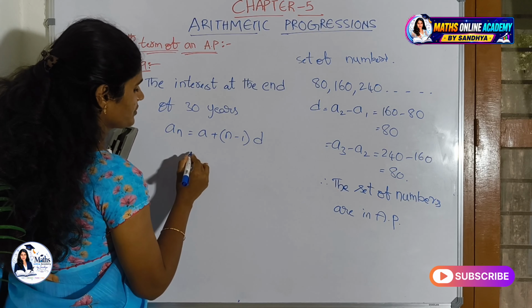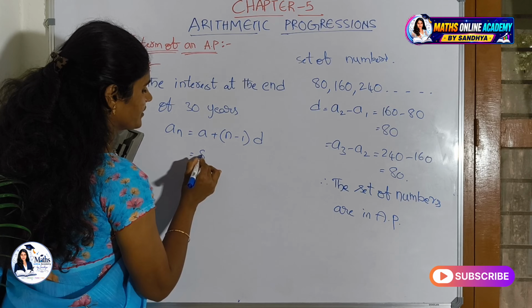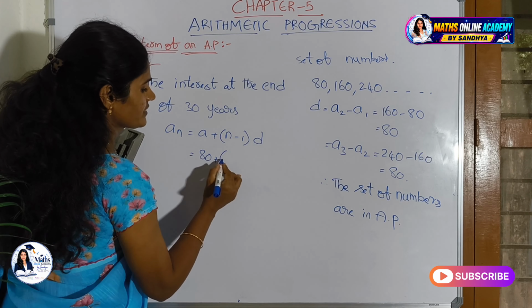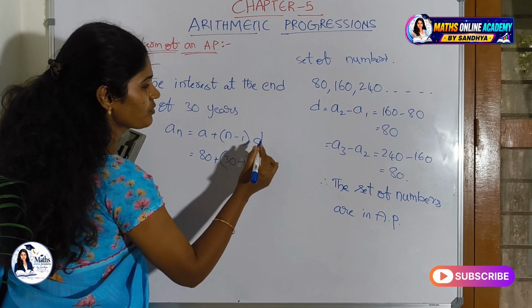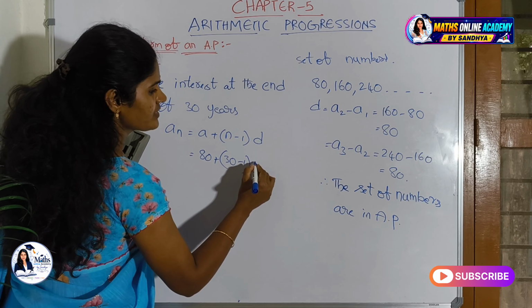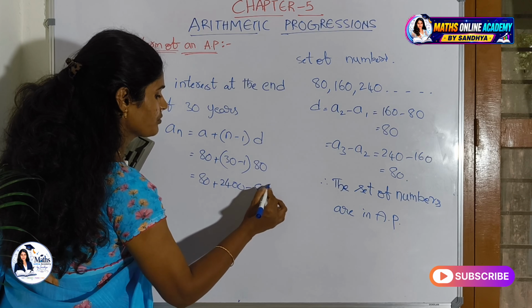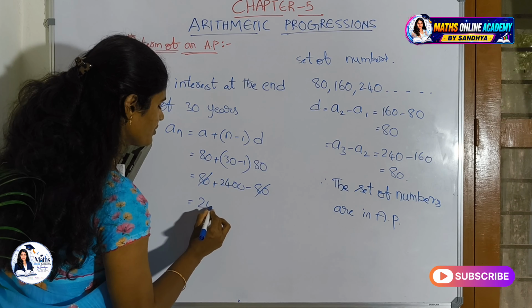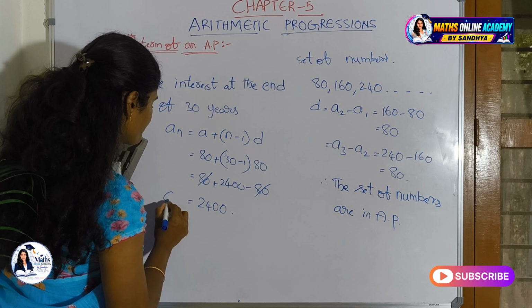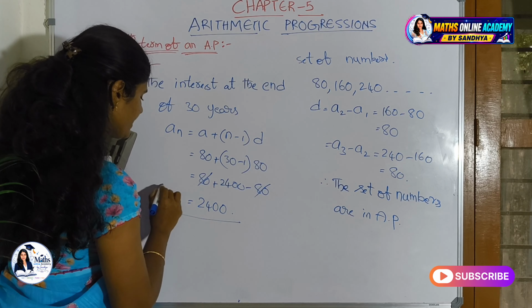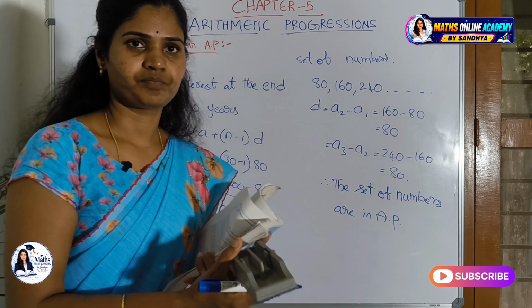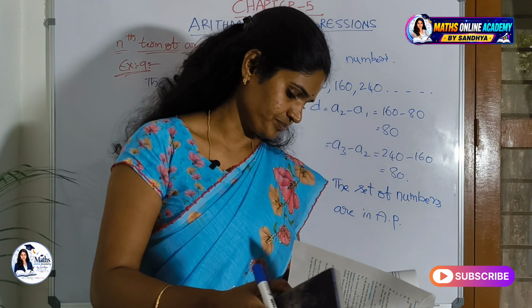So a is 80 plus, for 30 years, 30 minus 1 into d, which is 80. So 80 plus 2400. 3 eights are 24, no? Minus 80. So minus 80 plus 80 cancels. Therefore 2400 is the 30th year interest. Okay. Next.